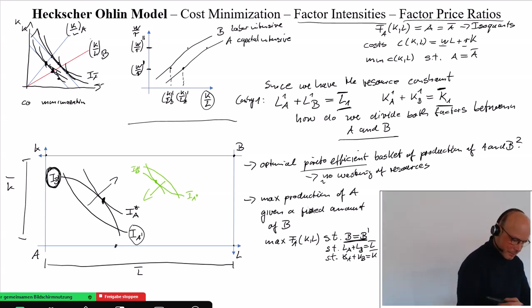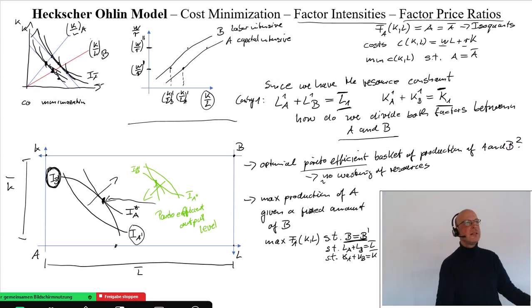So this is Pareto efficient output level, and this one is another possible Pareto efficient output level. And now we make the thought experiment.